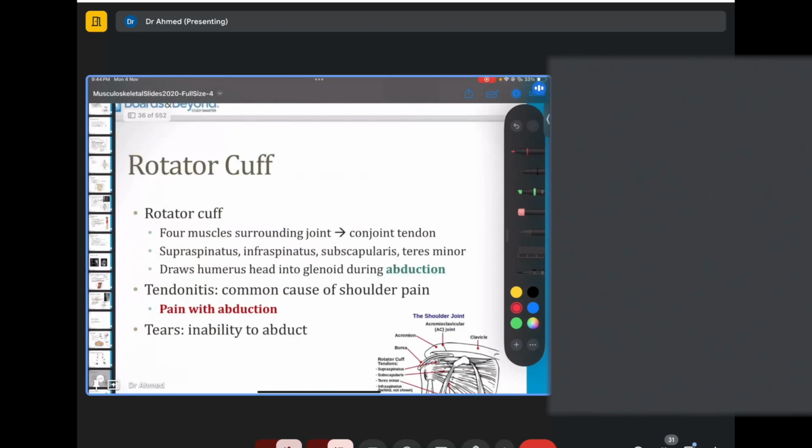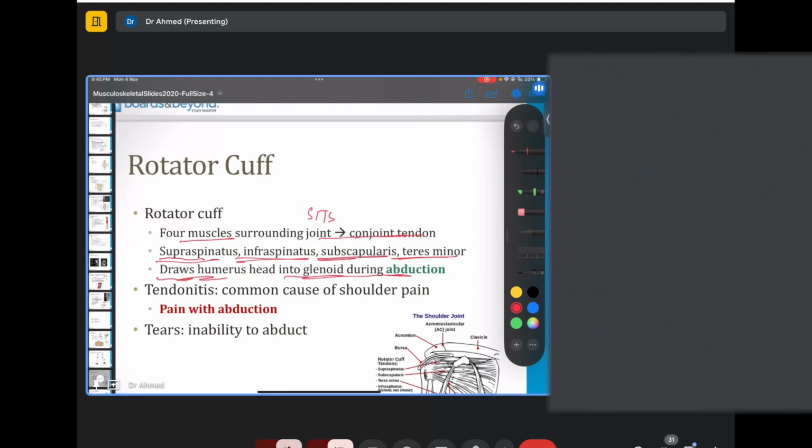Rotator cuff muscles: you have four muscles surrounding the joint via a conjoint tendon. The mnemonic for this is SITS, right? Supraspinatus, infraspinatus, subscapularis, and teres minor. It draws the humerus head into the glenoid during abduction, as already discussed.